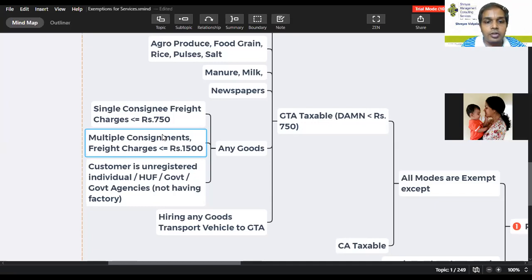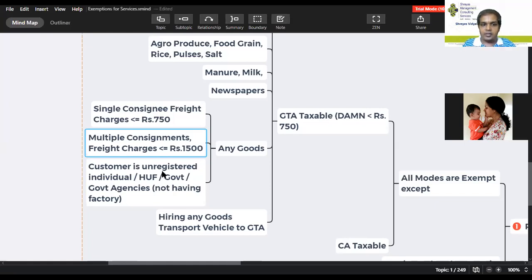For them also, all put together is transported in a single load. So one load for 3 people is transported. For all the load put together, the charge is less than or equal to 1,500. It is exempt from GST. So for a single consignee 750 rupees, for multiple consignees 1,500 rupees is exempt.